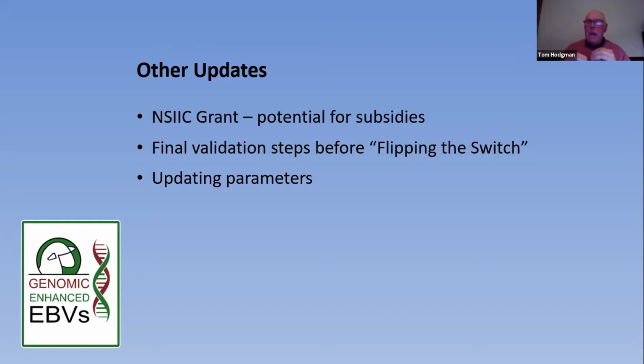The parameters, however, may reset things a little bit differently, and it may in fact bring everybody to a new high or a new low. So we have to get used to the adjustment, and I've been assured that we'll be able to understand, or at least Dr. Lewis will be able to understand, the degree to which genomics is moving things around and the degree to which the parameter update is moving the breeding values around.